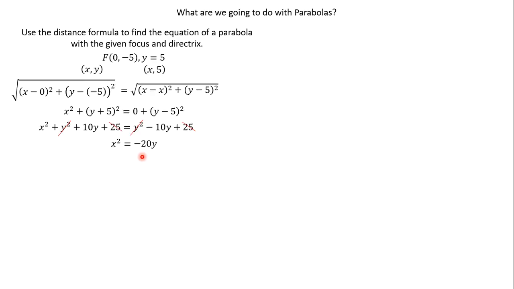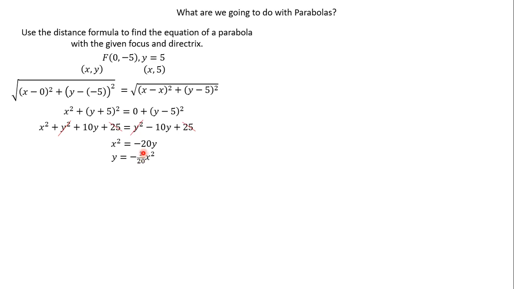We want y equals something, but in this case, since the x is squared and the y isn't, we want y equals something. So divide by negative 20. So y equals negative 1/20 x squared. So this is going to be vertical because it's y equals. It's going to be upside down because that's negative, so it'll open down.